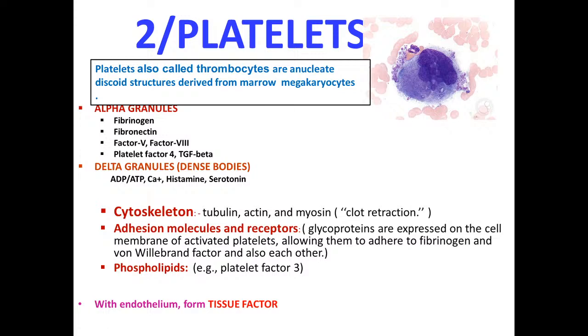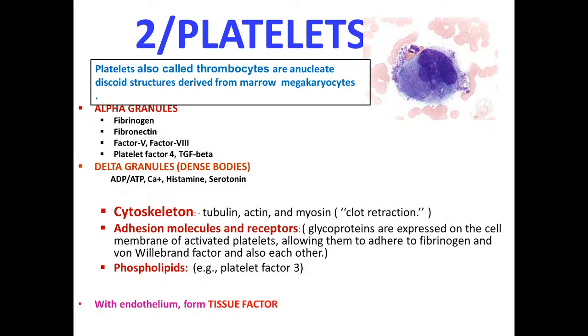Platelets include alpha granules, containing fibrinogen, fibronectin, and factor 5, and contain a number of ready-made biologically active substances: factor 5, factor 8, platelet factor 4, and transforming growth factor beta.